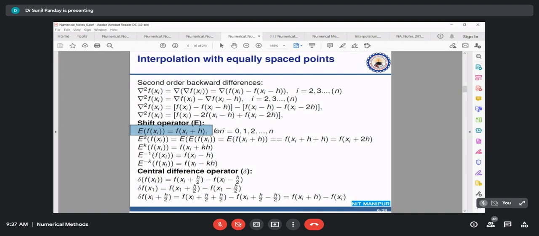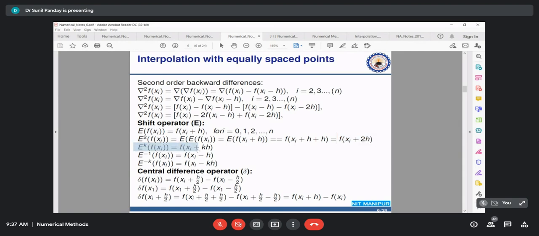E of f of xi is equal to f of xi plus h, like E squared of f of xi is equal to E of E of f of xi. One time application of E will give us this one, f of xi plus h. And then we know that if we apply E one more time, we have to add one more h here, so we will get f of xi plus 2h.